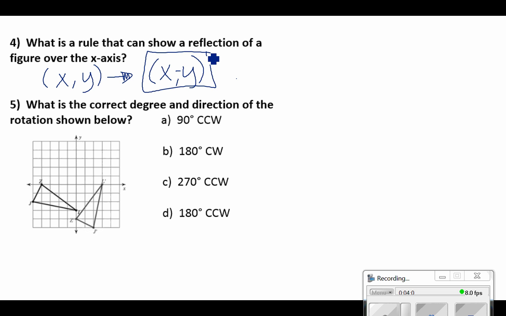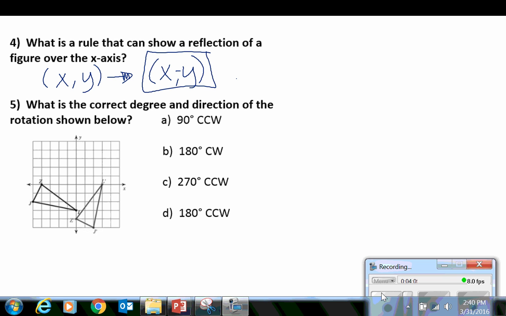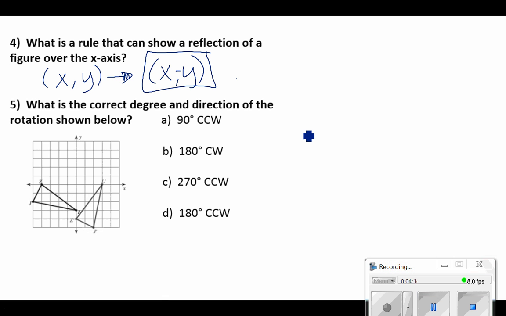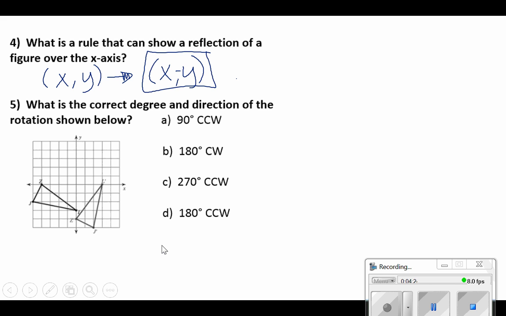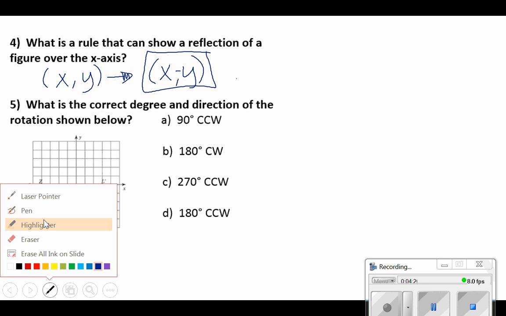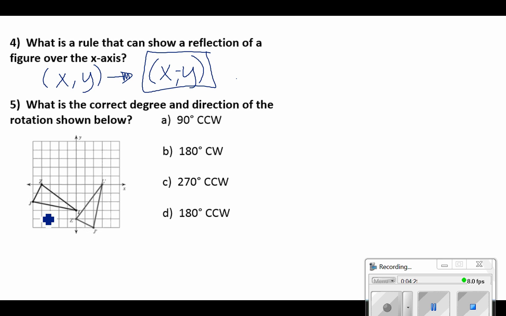Number 5, what is the correct degree and direction of the rotation shown below? For rotation, if you remember, we have 90 degrees, 180, 270, and 360, though 360 is not any of our choices.